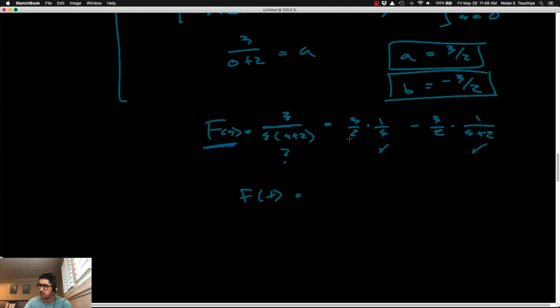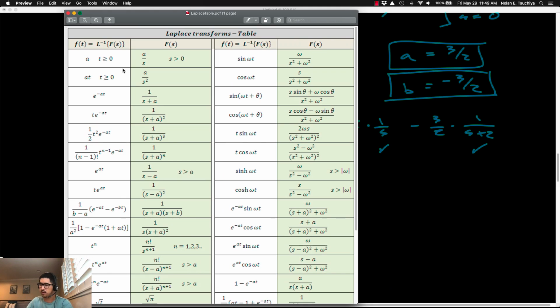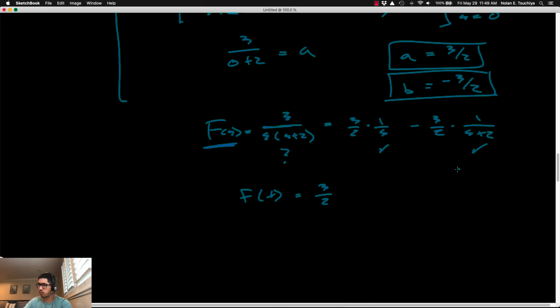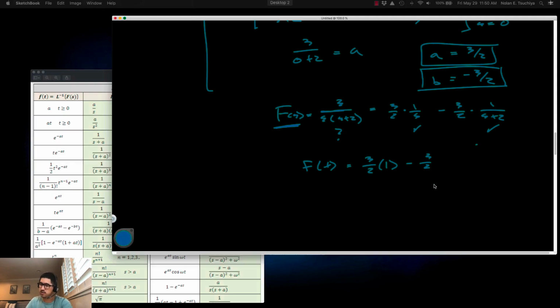Scalar constants get to come down, so 3 halves. The inverse Laplace of 1 over s, just referring back to the Laplace table, the inverse Laplace of a over s is a. So the inverse Laplace of 1 over s is 1. Minus 3 halves, another scalar constant, times the inverse Laplace of 1 over s plus 2. We just saw that one in the previous example.